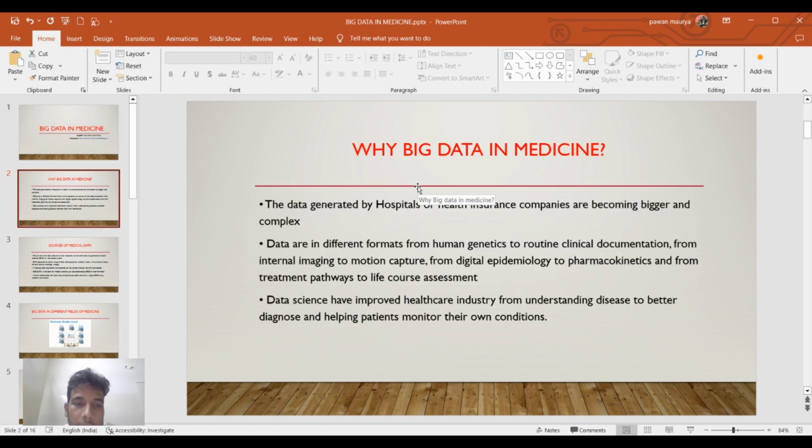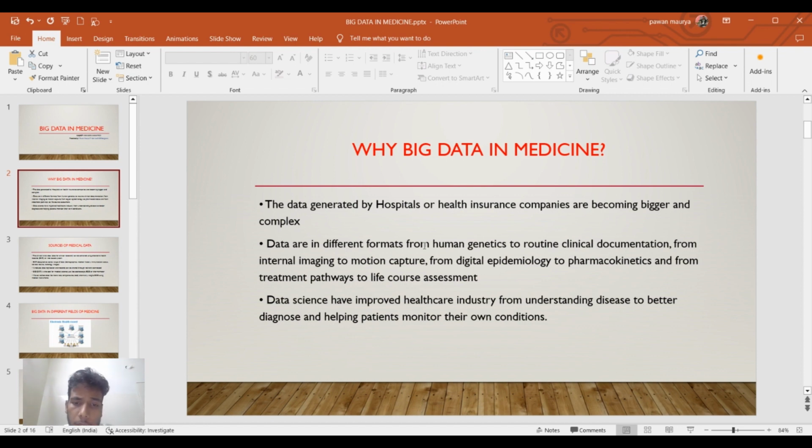Why big data in medicine? The data generated by hospitals or health insurance companies is becoming bigger and more complex. Data are in different formats, from human genetics to routine clinical documentation, from internal imaging to motion capture, from digital epidemiology to pharmacokinetics, and from the treatment pathway to life course assessment.